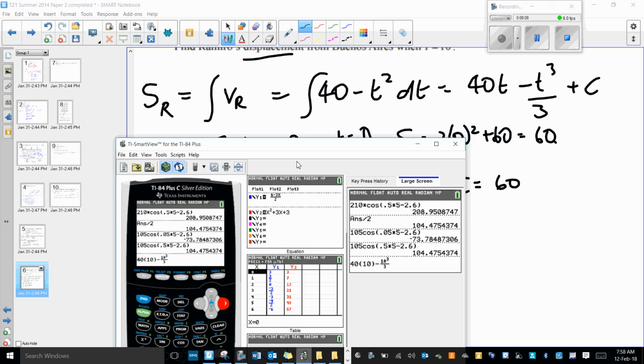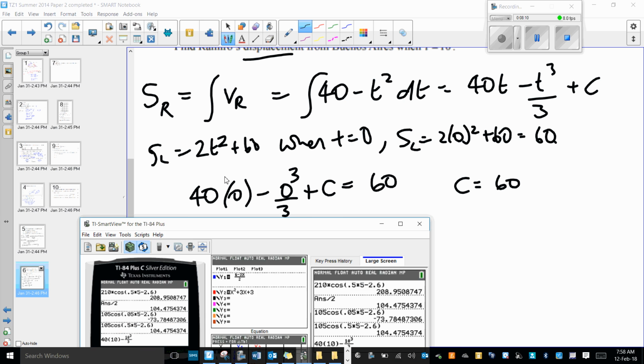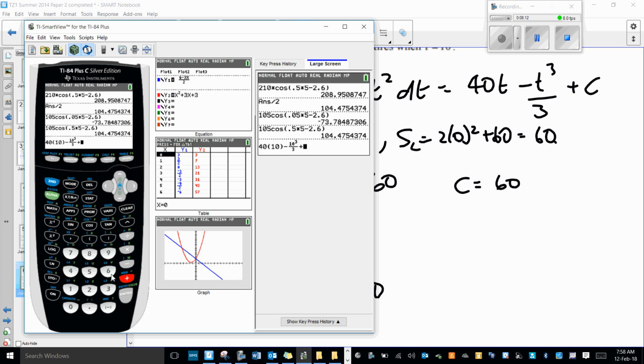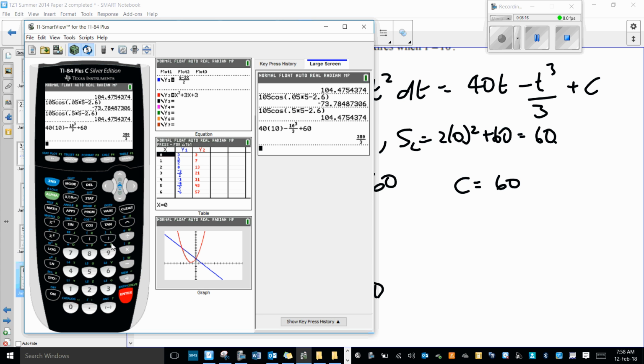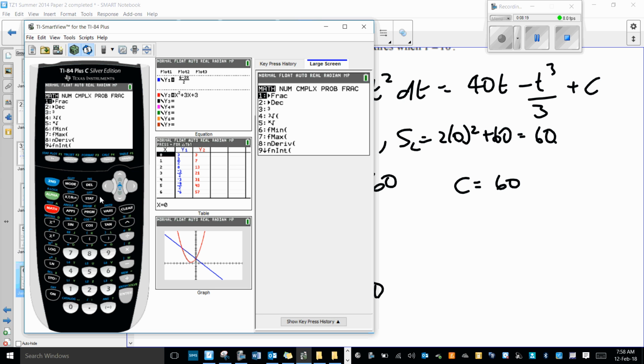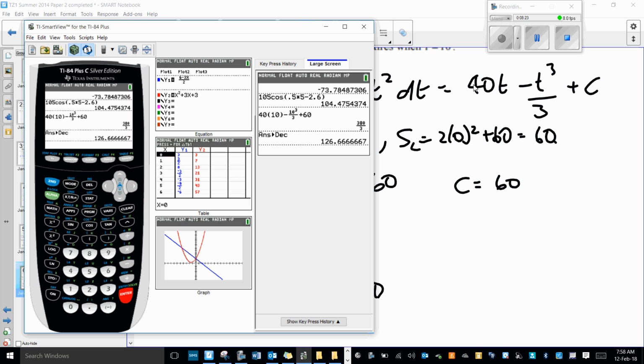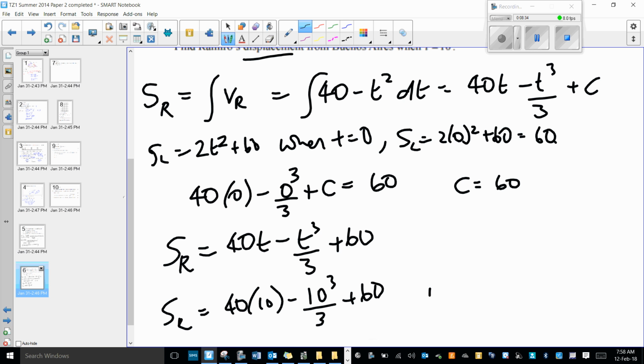Let's change that to decimal. It is 126.6 recurring, or 126 2/3, or rounding that to 3 significant figures, 127. So that's right, 126 2/3 meters, or 127 to 3 sig fig.